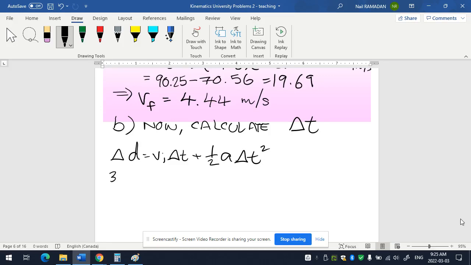What's delta D? 3.6. Come on, come on. 3.6. VI. What's VI? What was it? 9.5. Yes. 9.5 delta T plus, well, it's a plus times a minus. That's fine. So it's going to end up being negative. Negative 9.8 delta T squared. Okay.